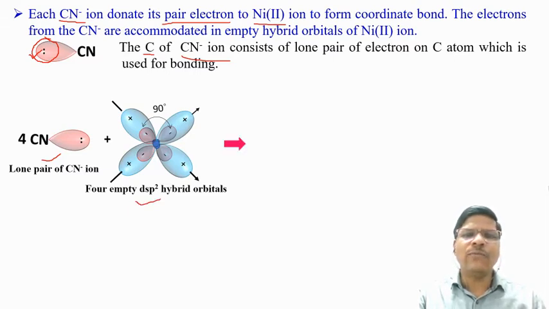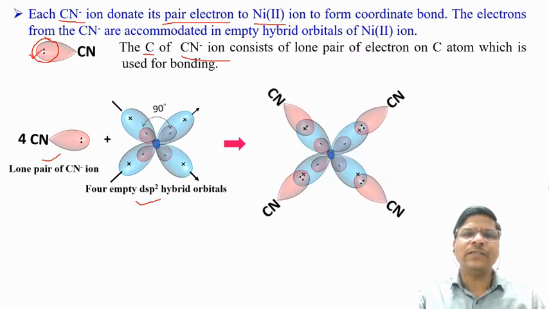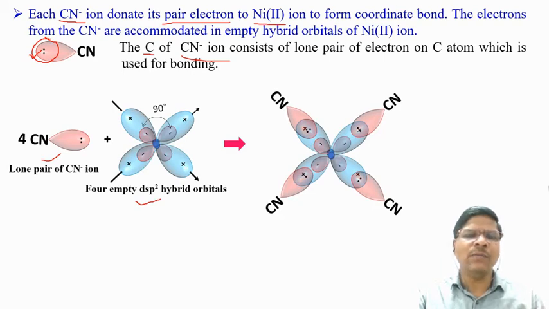They overlap with each other, and we get the formation of the nickel cyanide coordinate bond. So we have the first, second, third, and fourth cyanide overlapping with the 4 empty dsp2 hybrid orbitals of the nickel, and we get formation of the nickel cyanide complex.